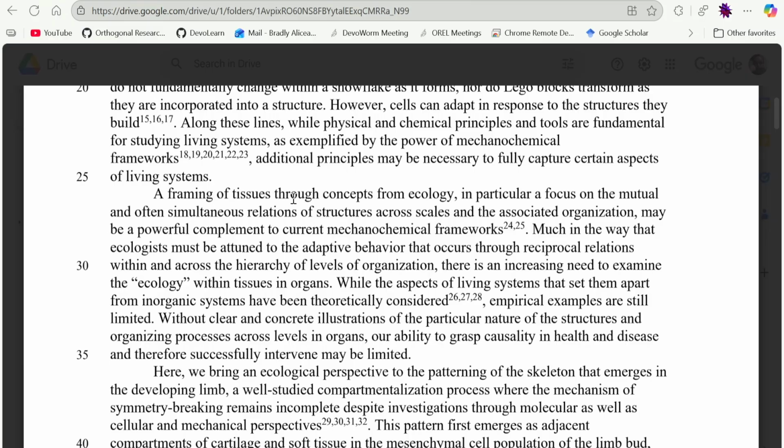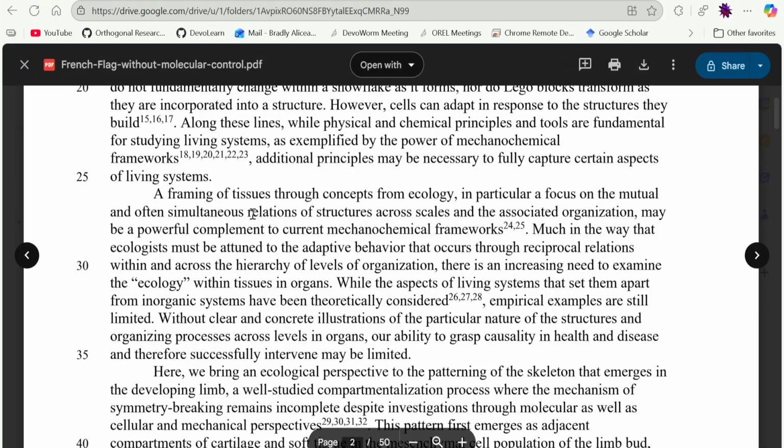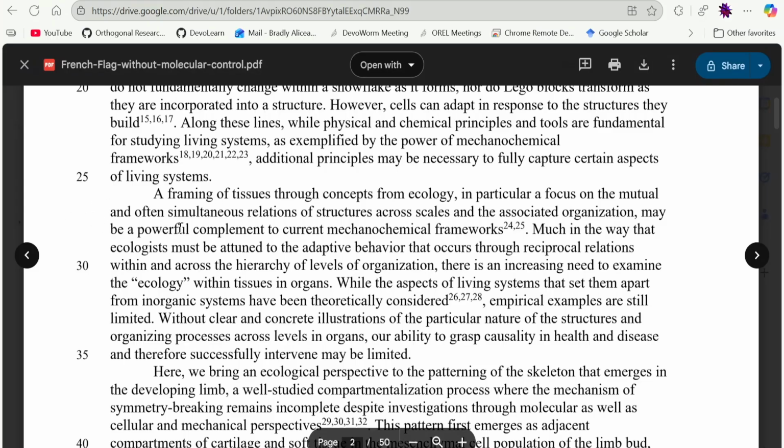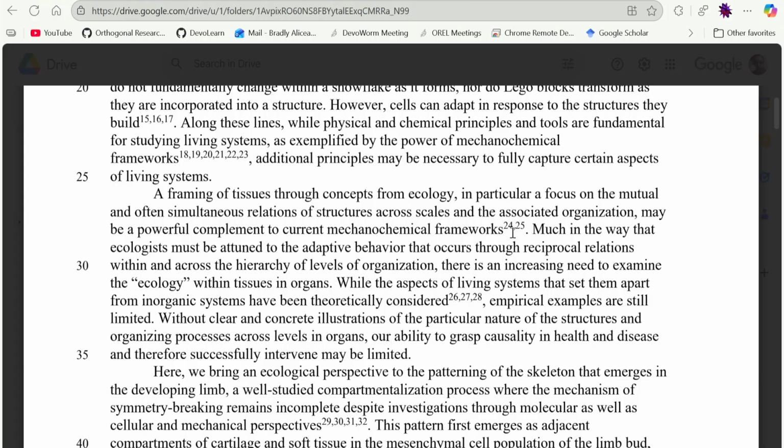So a framing of tissues through the concepts of ecology, in particular, focus on the mutual and often simultaneous relations of structures across scales, and the associated organization may be a powerful complement to current mechanochemical frameworks. So this is again where you have these ecological models that are basically complex adaptive systems.